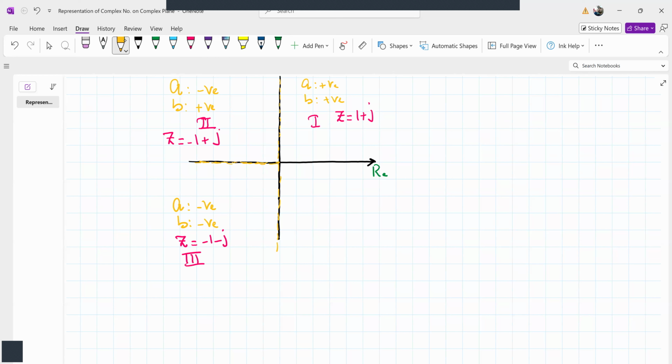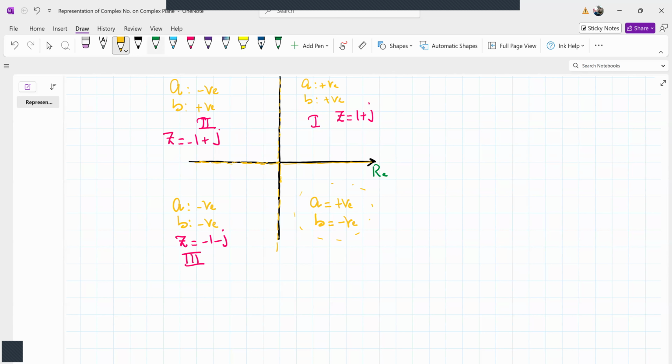Similarly, if a is positive and b is negative, positive real axis means this side. So this is the positive real axis, and this is the negative imaginary axis. So it will obviously lie on this side, somewhere here.